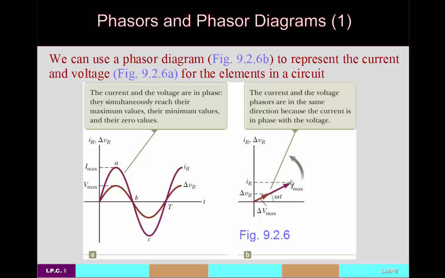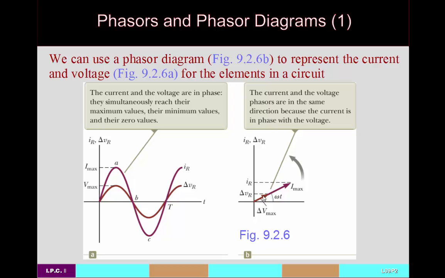The phasor basically says, at some time t, what is the value of these two entities, the current and the voltage. The length of the phasor gives the maximum value of the thing that it's a phasor for. So the red one is the phasor for voltage, and its length represents the maximum possible voltage in this cycle.